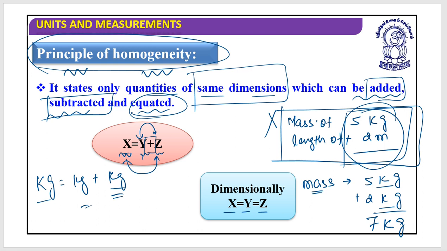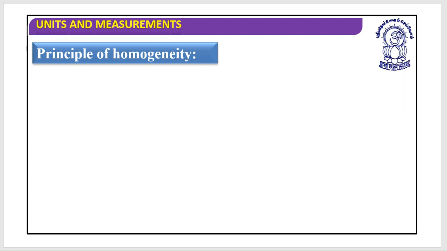Okay, let's practice how that can be used. Suppose we have been given v is equal to b divided by t plus c. We know the dimensions of v, it is velocity, so its unit would be meter per second.